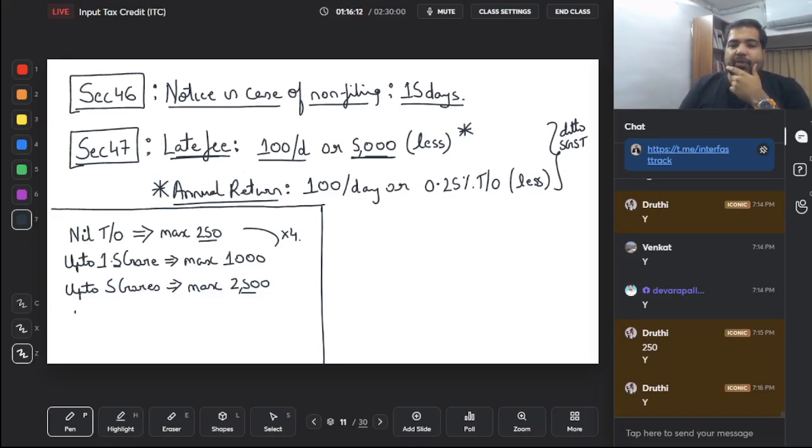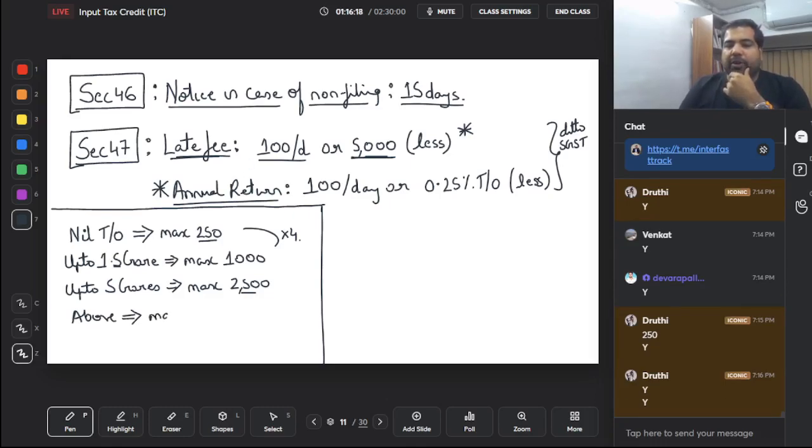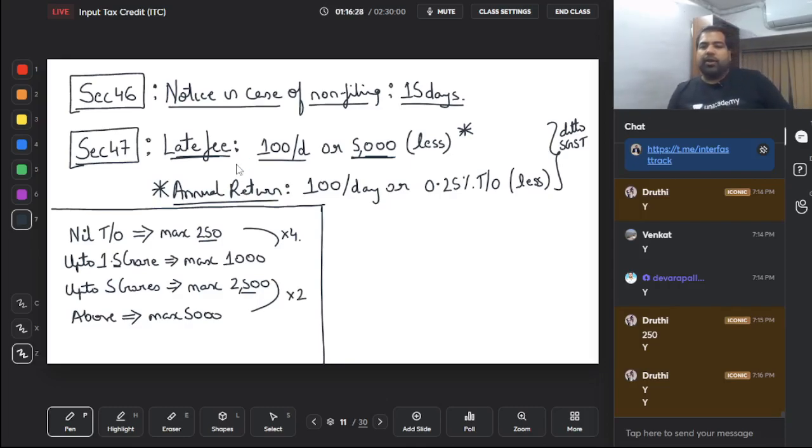And guys, if it's above 5 crores, are you the biggest players like Reliance, ITC, etc.? Yes, then we come back to maximum 5,000. This is double. So this is how I remember, guys: 250 into 4 and 2,500 into 2. That's how I remember. Nil turnover, up to 1.5, up to 5 and above 5.